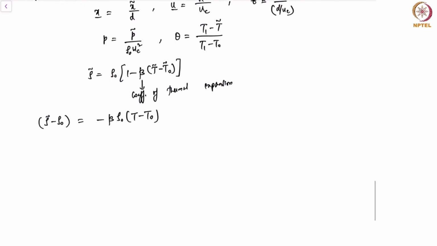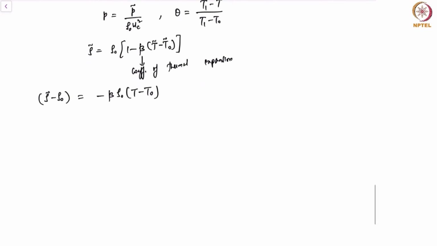Right? So now I don't have to worry about variations in density anymore. If I know the variations in temperature, that's enough to solve the problem. Okay. So let's write down the equations.